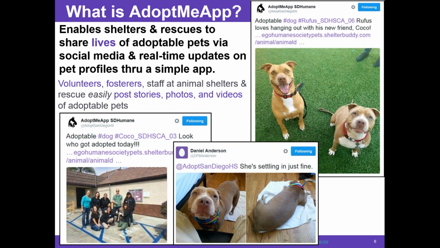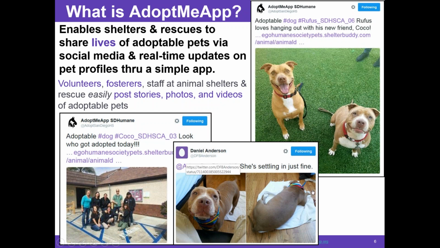And this is just a great example, and Stacy will recognize this example. This is from the San Diego Humane Society. I just love this story, which is on the right here. You see a post. This was the 6th post that San Diego made, and it was actually for Rufus, but you can see Coco was here in the picture, and a person who had just started using Twitter, I think he had a few followers, saw this post, came in, adopted Coco, and whoever at San Diego was doing the posting managed to get a picture of the adoption.